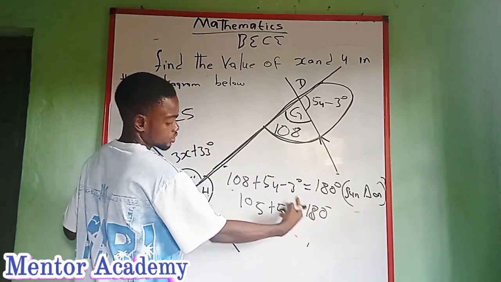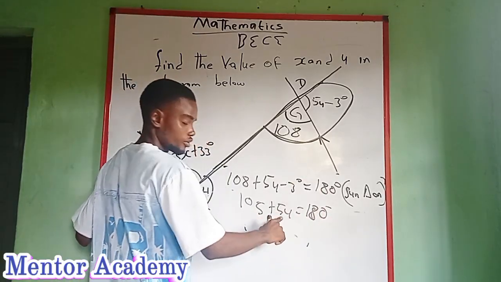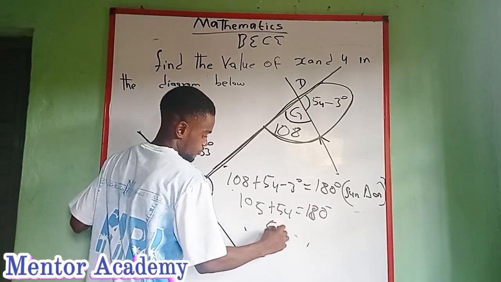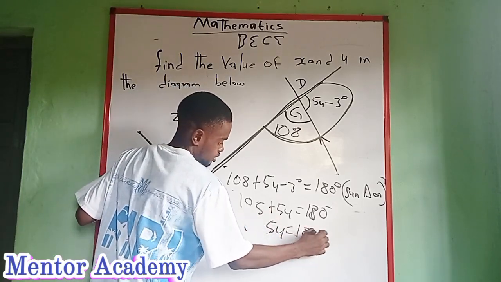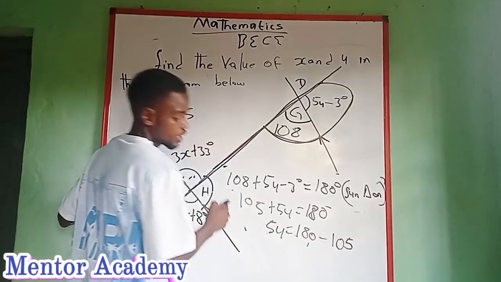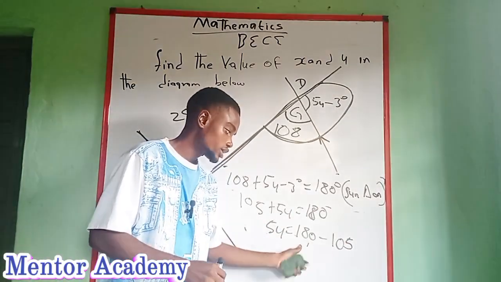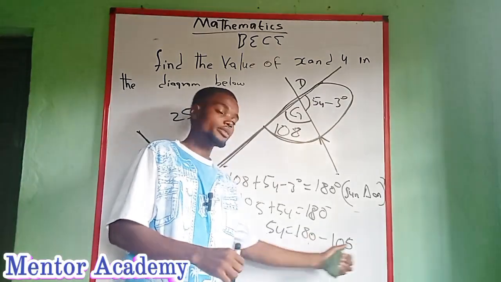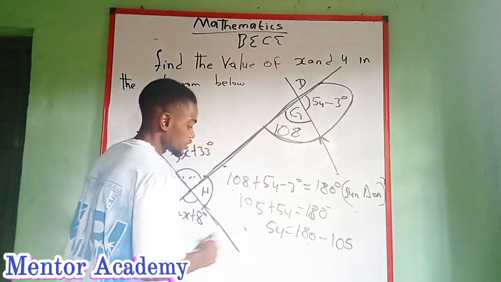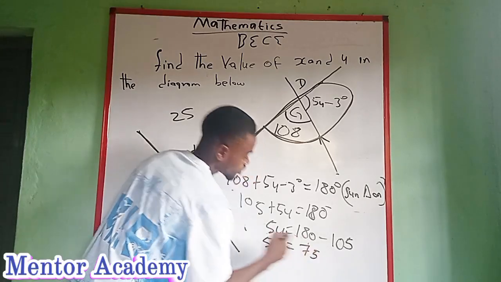Now 105 is going to go over here, and we have only 5y left. So we have 5y equals 180 minus 105. In this case, 180 minus 105: 100 take away 100, we have 80 left. 80 minus 5 is going to give us 75. So we have 5y equals 75.